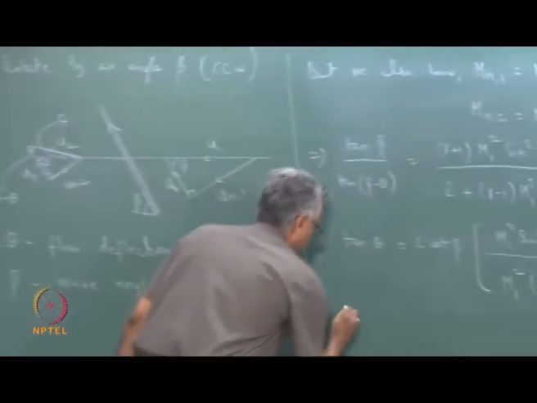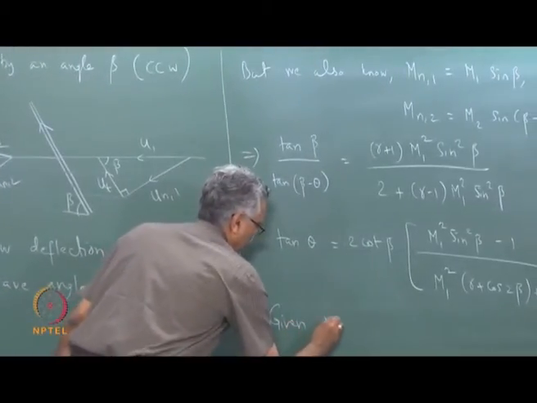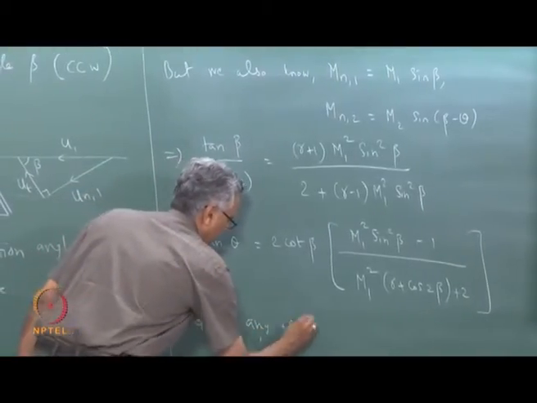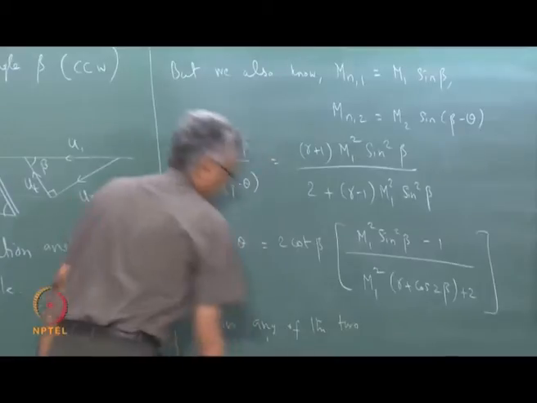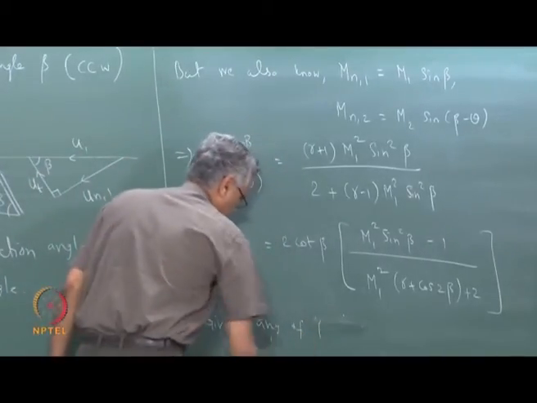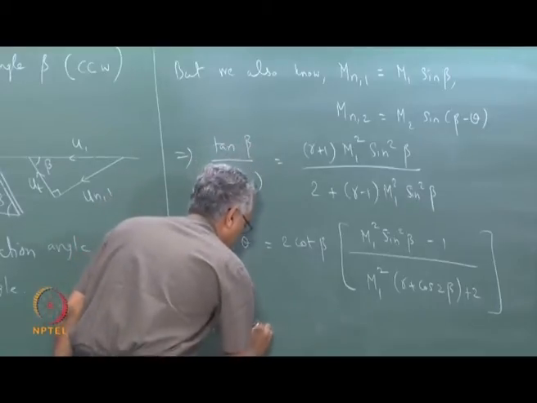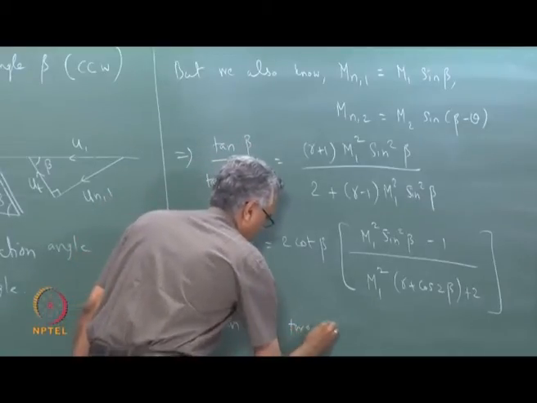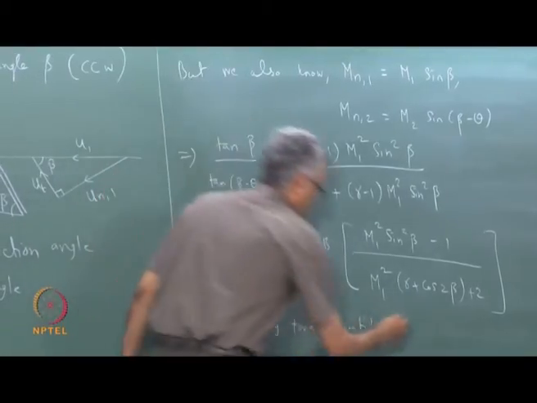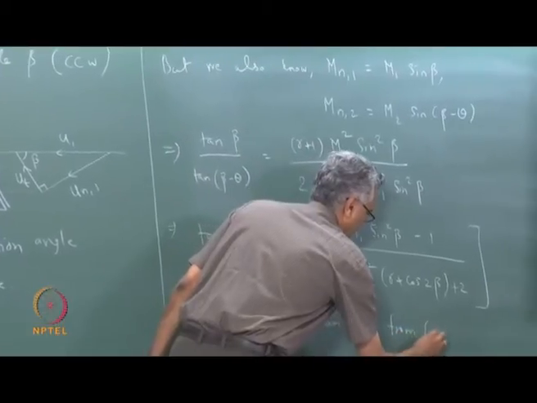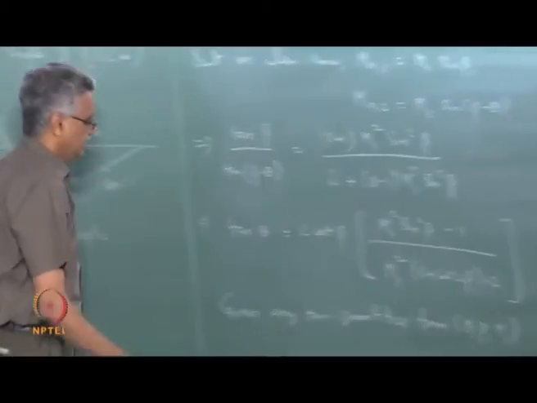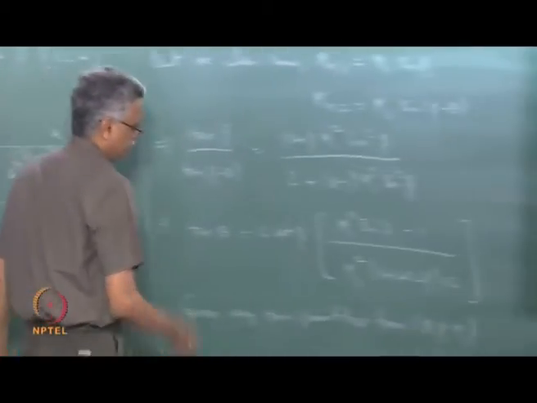So, given any two quantities from the list theta, beta, M1, the other quantity can be calculated from this relationship.